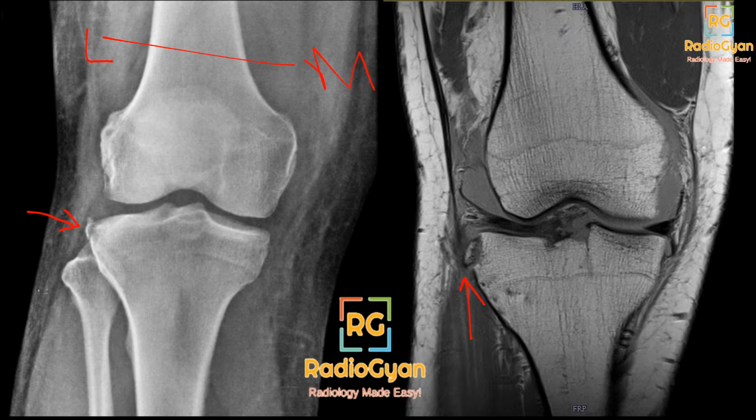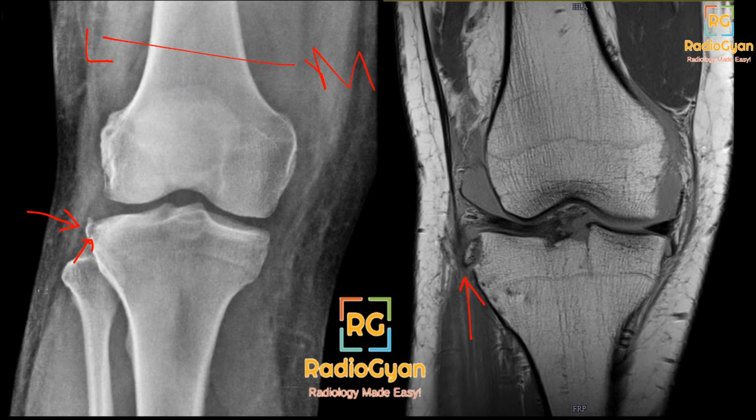So in the exams, or even in clinical practice, obviously you'll get the entire set of images to comment upon, but overcalling can get you in trouble. So in this case I would only talk about a Segond fracture. You see this avulsion fracture along the lateral aspect of the tibia.